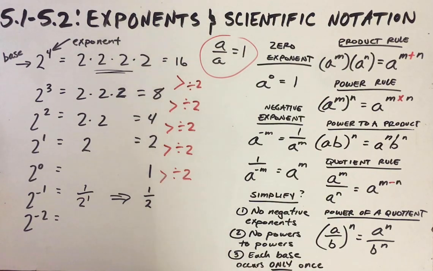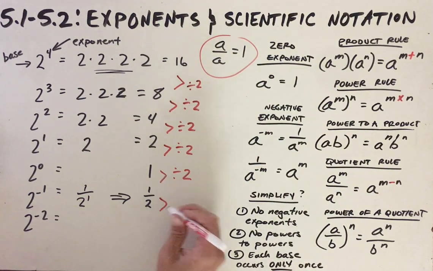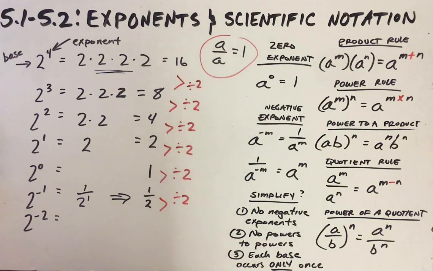Let's keep going here. If I divided this by 2, what does that say? Well, that says 1/2 divided by 2. Remember when you're working with fractions, you copy 1/2, dot, and flip. So this would be equal to 1/4. So the value here is 1/4.